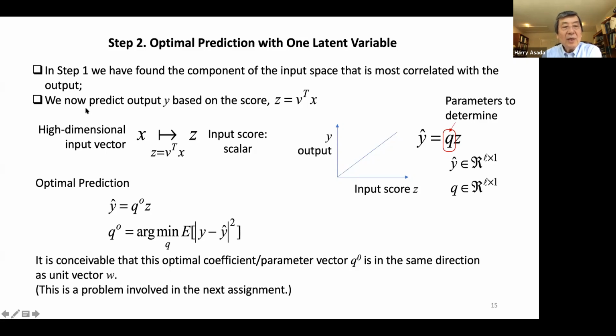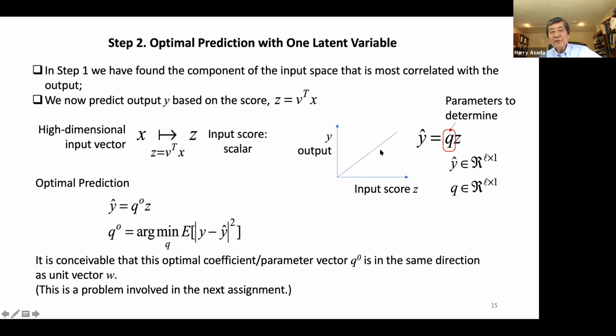So now we predict the output Y based on the score Z equal V transpose X. So now, what we did was actually take the high dimensional input space, look at all the directions, and end up with one particular one. And then the score is Z, and based on this single scalar score, we would like to predict some components of Y, right?